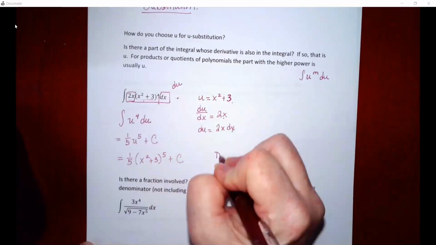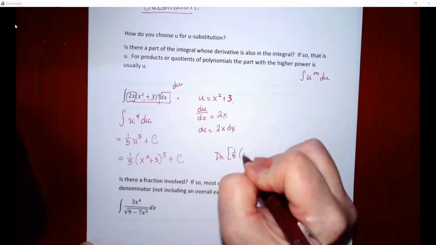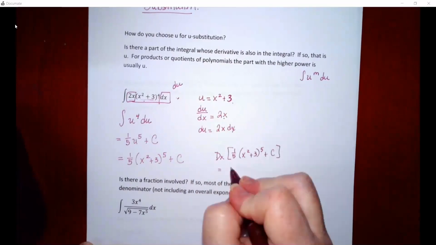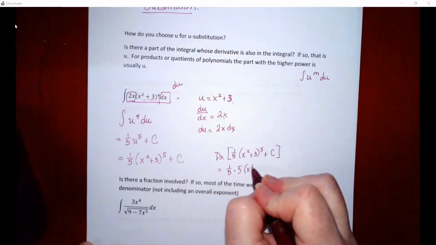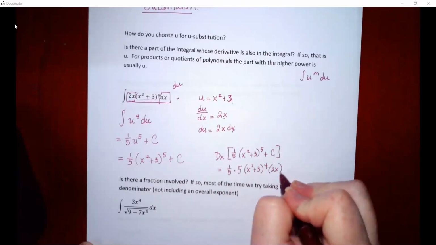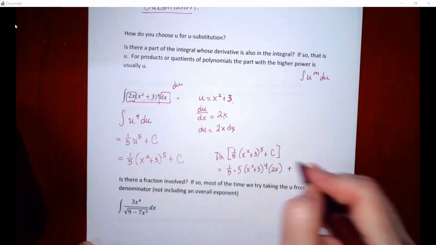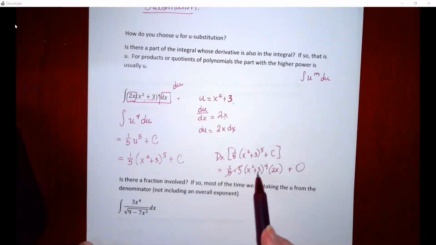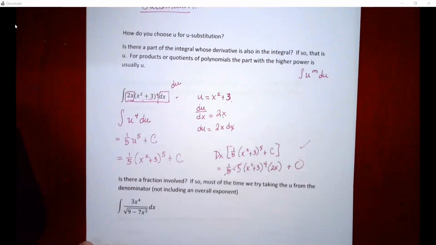So if you take the derivative of 1/5 x squared plus 3 to the 5th plus c, that would be 1/5 times 5 times x squared plus 3 to the 4th times the derivative of x squared plus 3, which is 2x, and then the derivative of any constant is 0. So we would end up with x squared plus 3 to the 4th times 2x. And so we've checked ourselves with differentiation.